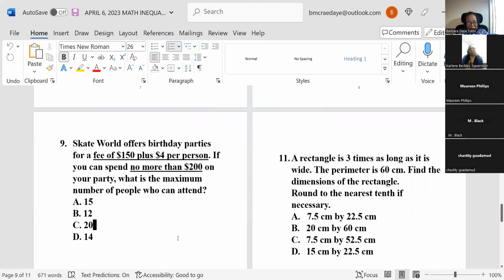Anybody got an answer? A fee of 150, that's $4 per person. If you can spend no more than $200, what is the maximum number of people who can attend this party with this $200 budget?